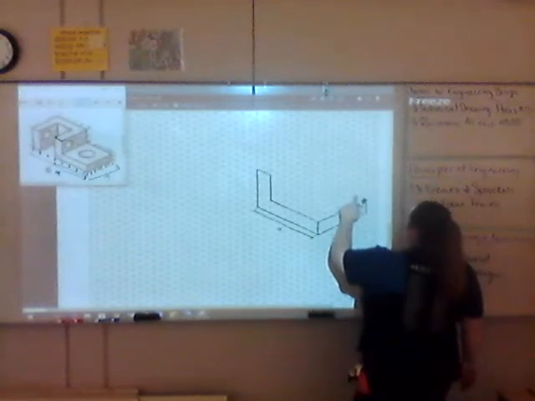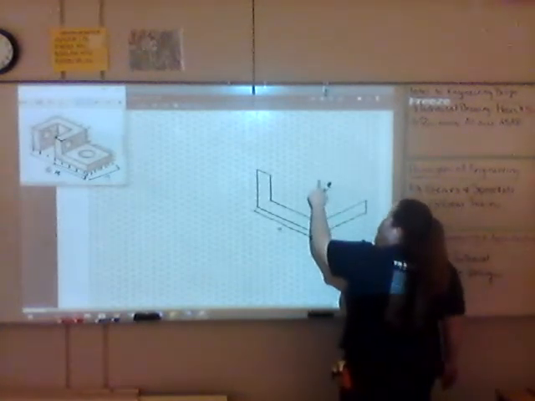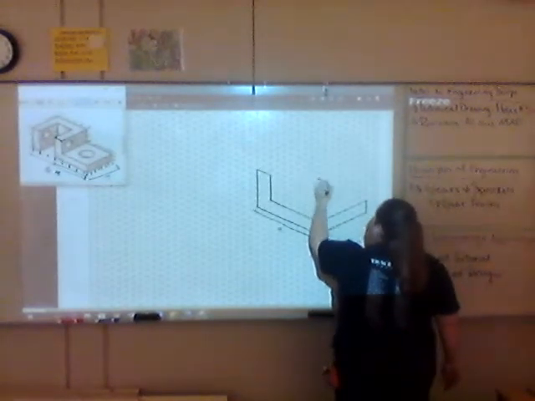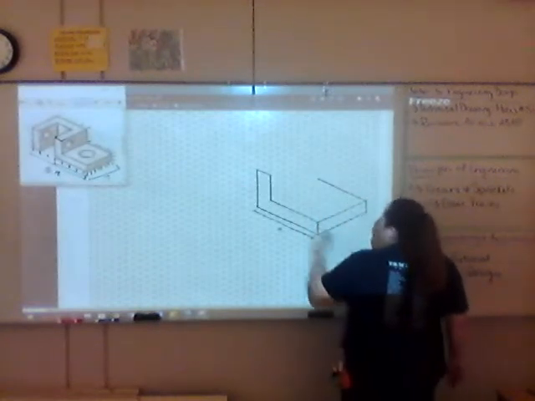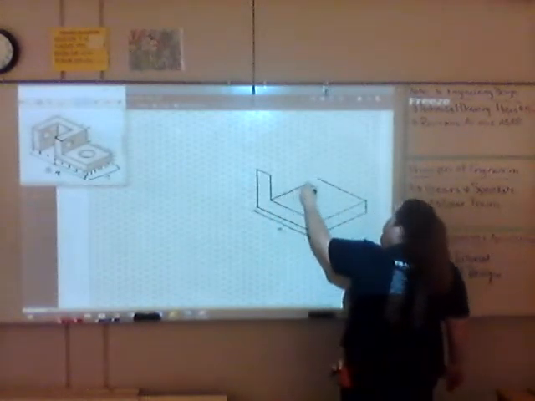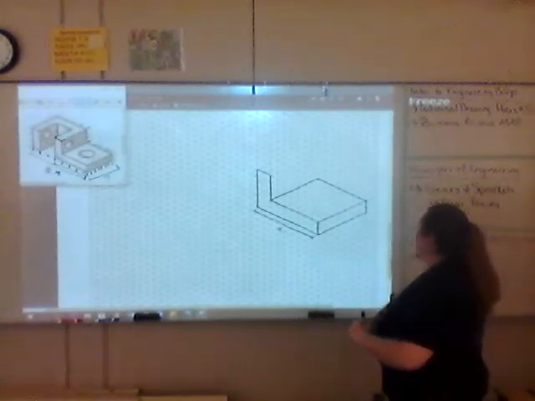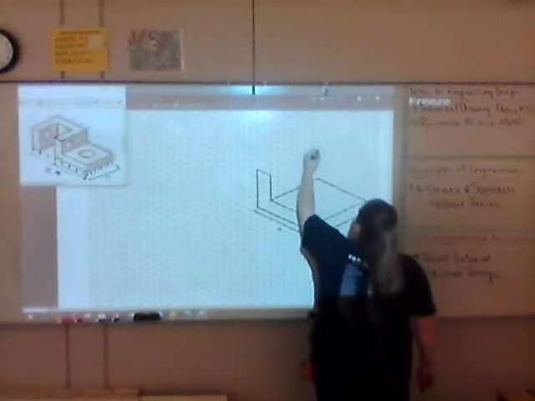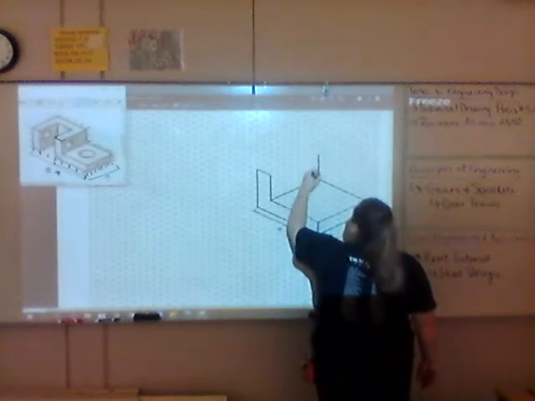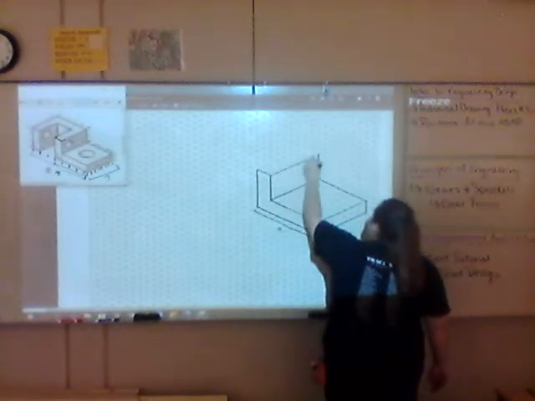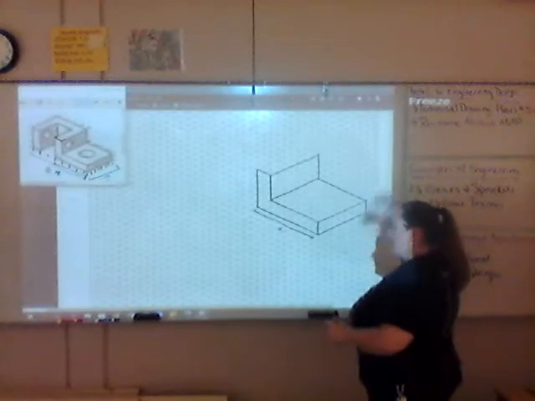So that's 1, 2, 3, 4, 5, 6, 7 off the back here. We're going to end up with a big old square like this, 7 by 7 off the right-hand side. From there, I know I need to go up 4 to here and close that out.